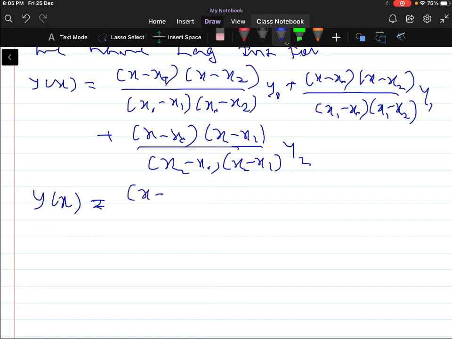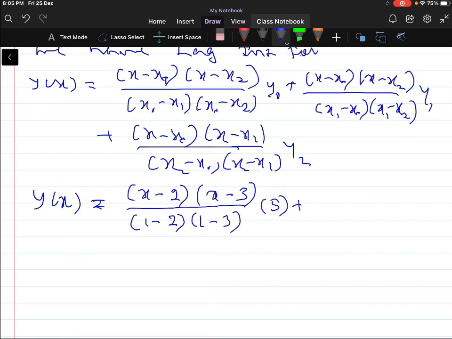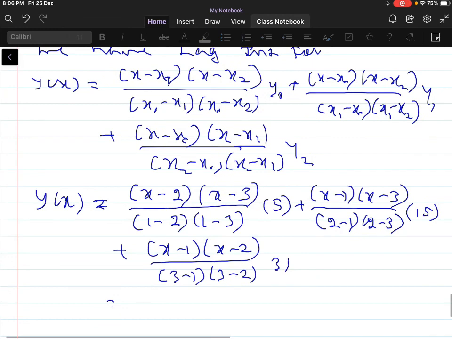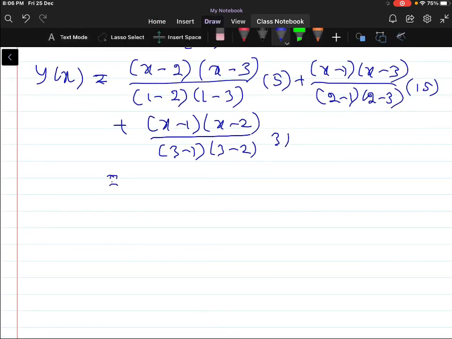Now substituting the values of x and y in the formula, y of x is equal to x minus 2 into x minus 3 divided by 1 minus 2 into 1 minus 3 into y0, which is 5, plus x minus 1 into x minus 3 divided by 2 minus 1 into 2 minus 3 into corresponding y1, which is 15, plus x minus 1 into x minus 2 divided by 3 minus 1 into 3 minus 2 into corresponding y2, which is 31.